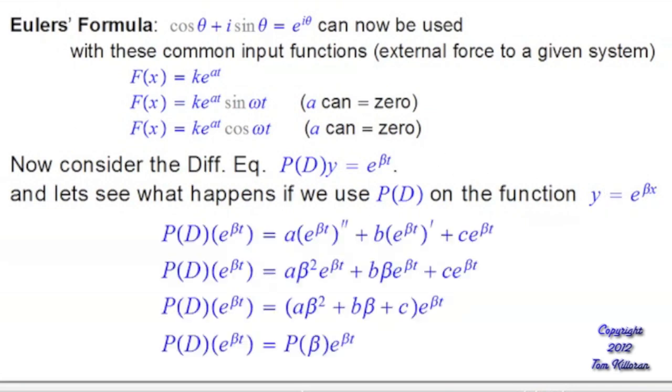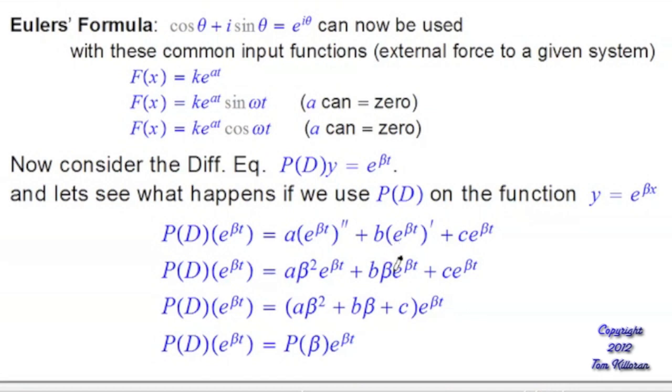If we do that, and this is the long way of doing it, there's a shortcut, but then I'd have to explain a few other things. So I just went and ground it out. If we operate the differential function over e to the bt, we're going to get the last term left all by itself, the derivative of e to the bt in the middle, and the second derivative of e to the bt in the front. Now when we take the second derivative, we're going to get a beta squared.